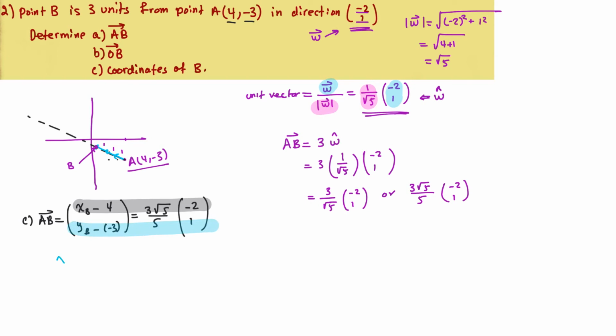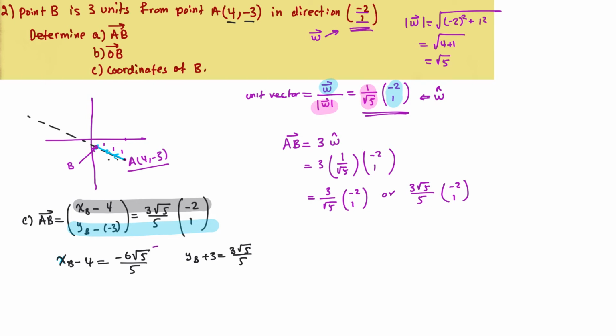So for the x component, I get xB minus 4 is equal to 3 times -2, which is -6 root 5 over 5. And for the y component, I get yB minus -3, in this case plus 3, is going to equal 3 root 5 over 5 times 1, which just stays the same.